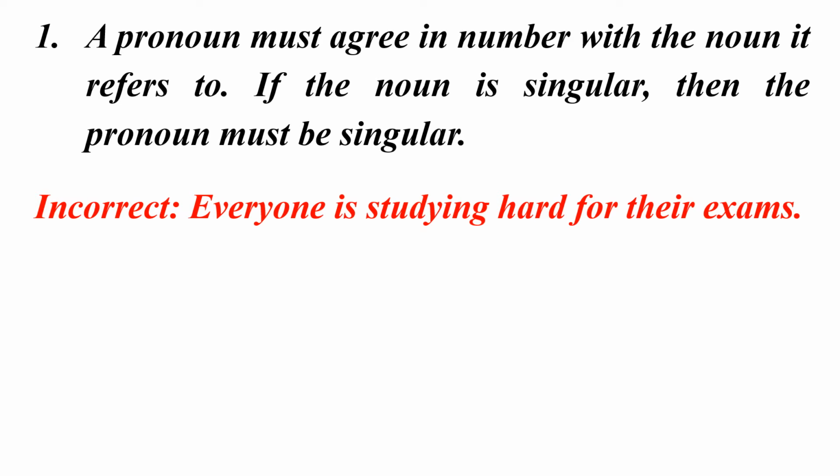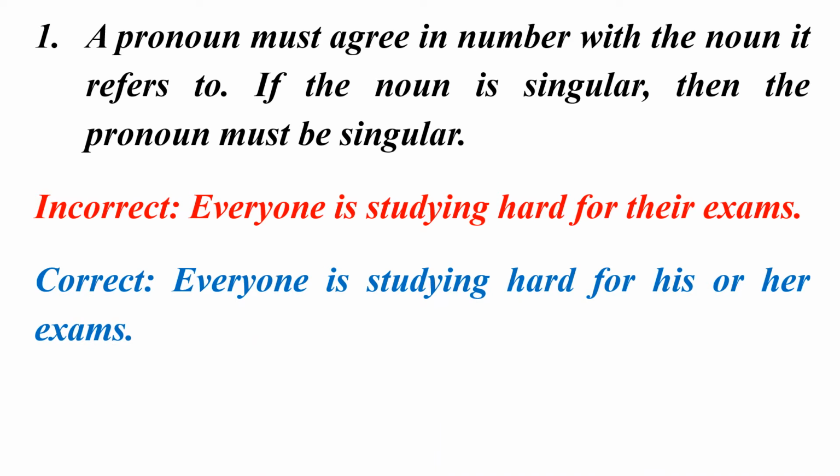And we know that if we use each and every in a sentence, there must be his or her as the pronoun. But in this sentence we use their instead of his or her. So it's an incorrect pronoun reference.